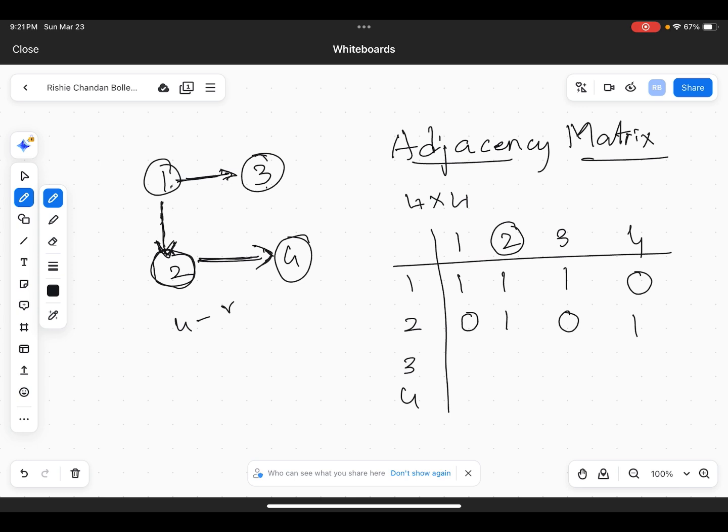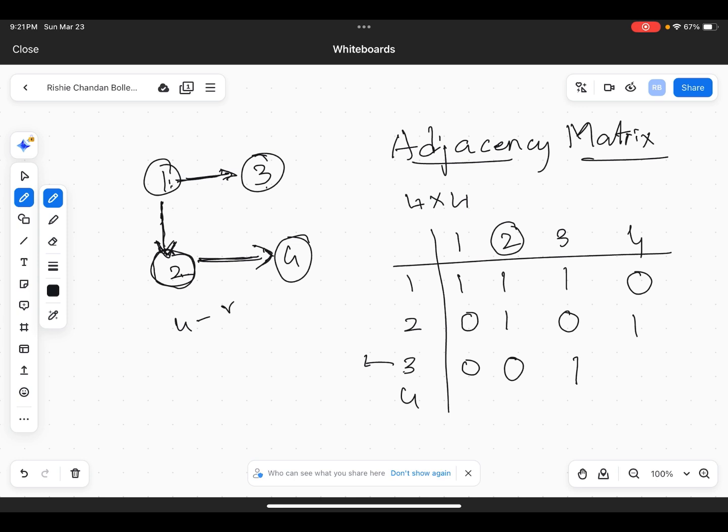Now let's come to vertex 3. Is vertex 1 directly reachable from vertex 3? No, because the direction is opposite. Is vertex 2 reachable from 3? No. Is 3 reachable from 3? Yes.